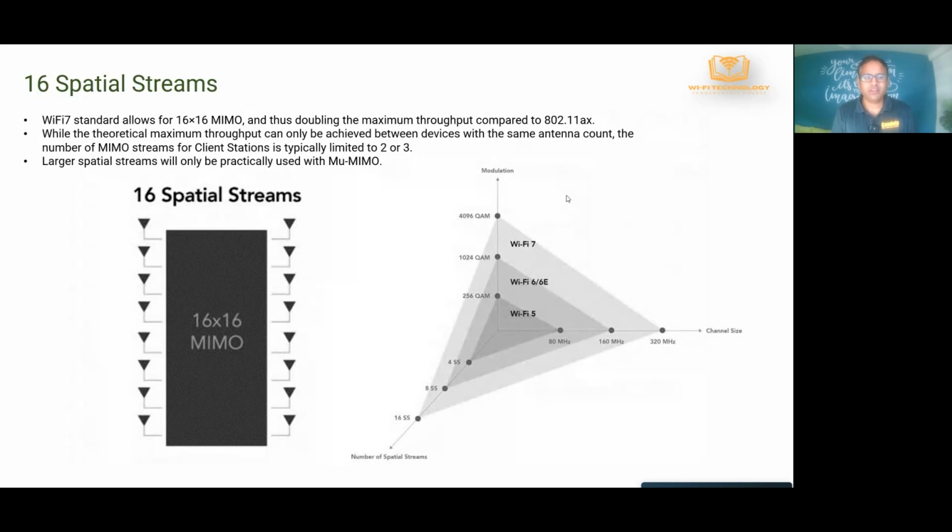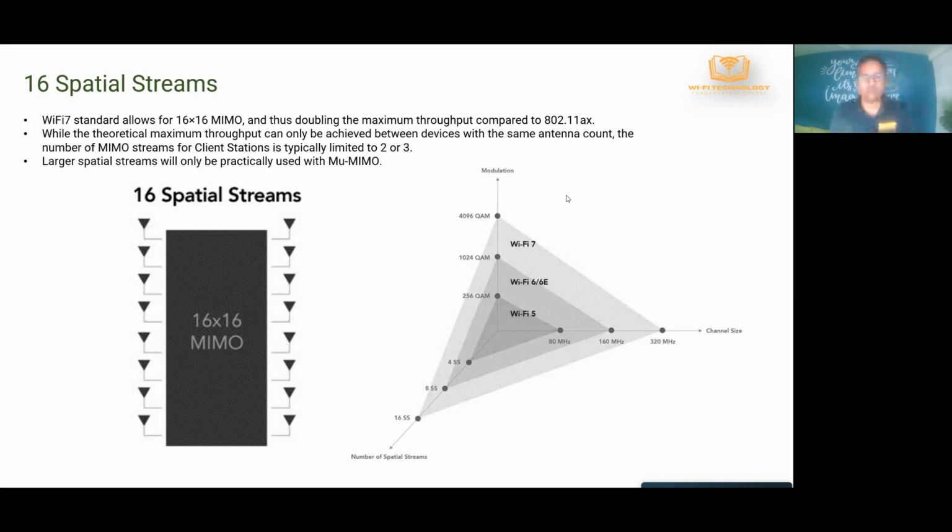Now there is this other new feature about 16 spatial streams, where you can have up to 16 transmit antennas and receive antenna chains. Again, this is a very impractical feature. Most likely no one is going to implement it. Maybe on some rare occasions, but it is going to be very expensive and very complex in terms of power and complexity to design a 16 by 16 MIMO access point.